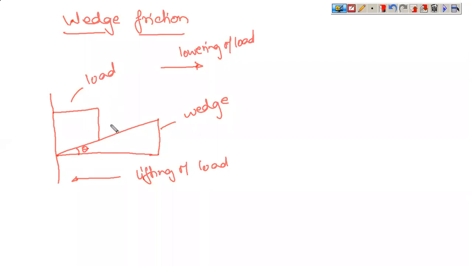So you can use this wedge for lifting and lowering of loads. So these are specific examples.